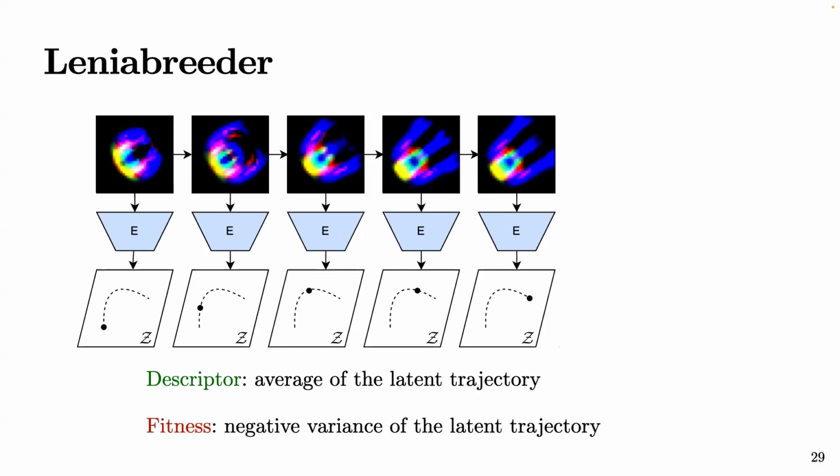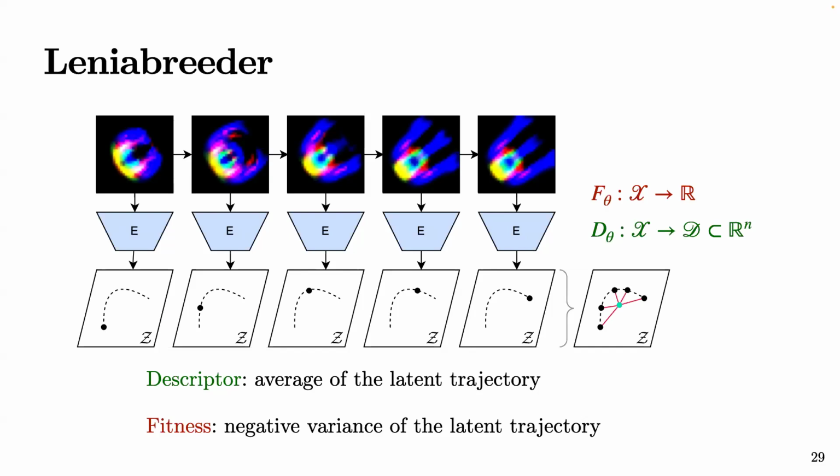And as the fitness, you can use the negative variance of the latent trajectory, because the idea behind that is that you want patterns that stay coherent through time. So you want minimal variation within the latent representation of the individual. So here is a representation where you can see the green point is the average of the latent trajectory, and the red segments represent the variance of the latent trajectory.